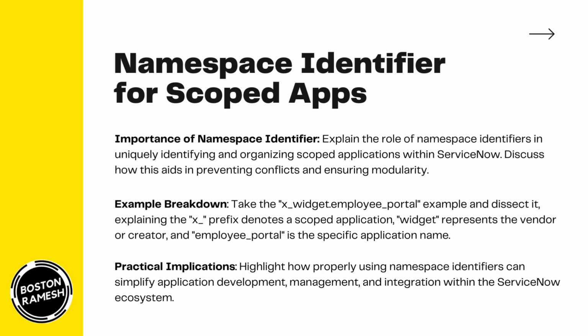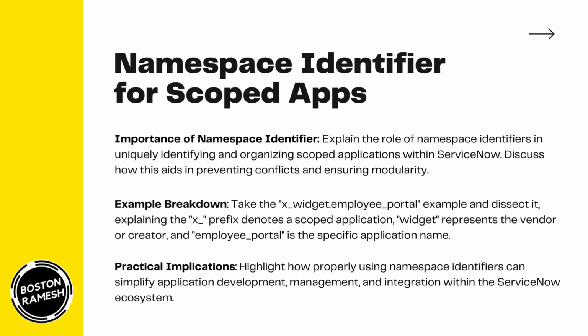Following the prefix, you see widget. It represents the vendor or the creator of the application. So this part of the identifier is critical for distinguishing applications developed by different entities within the ServiceNow platform, ensuring clarity and preventing overlaps.